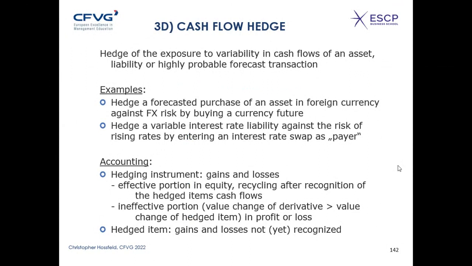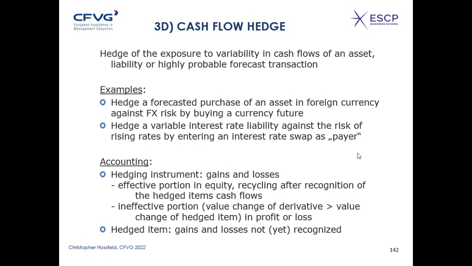Obviously, if I think that interest rates will decrease, then maybe I want to get out of my fixed rate debt and I want to transform this into a variable interest debt. And that's also possible either way. Okay, so these are interest rate swaps. And the payer, as it says here, is the party that pays the fixed interest.